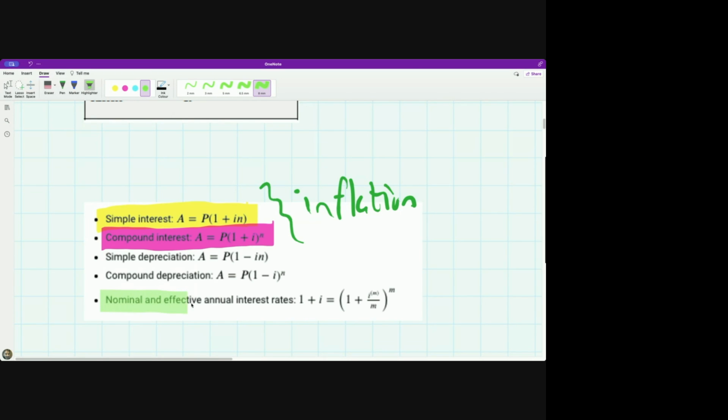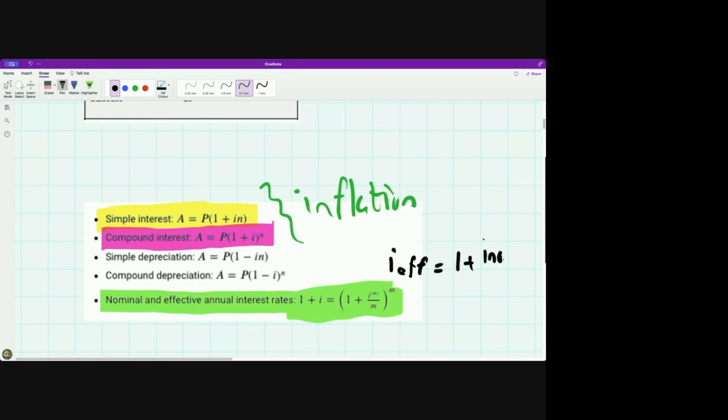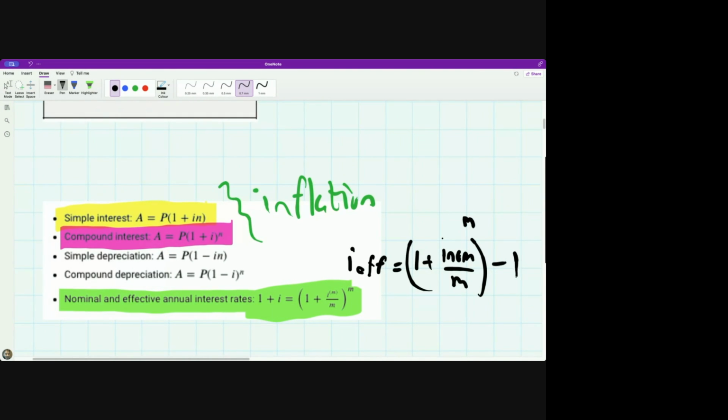All right, then also in the previous lesson, we spoke a little bit about something called the effective interest rate. And the nominal and the effective interest rate are combined using that formula, although I wrote it in this form: I effective is equal to 1 plus I nom over m, to the power of m, minus 1.